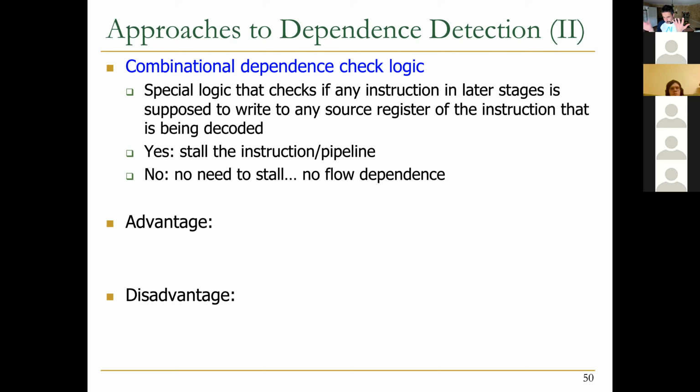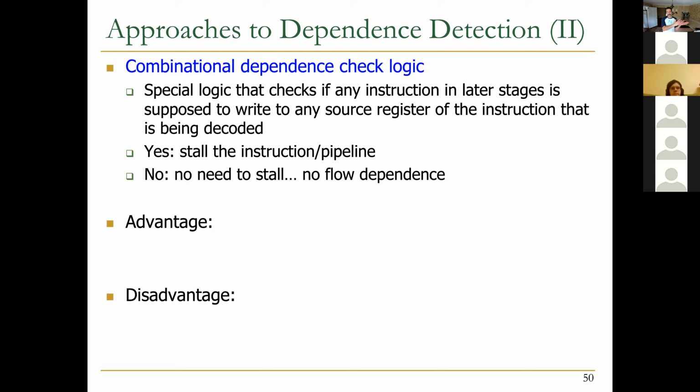So again, some instructions in the pipeline are in the later stages. And if you remember the example that we had last time, this four-instruction example, you will see it a little bit later again. Some of these instructions are in later stages, and they're supposed to generate a value.